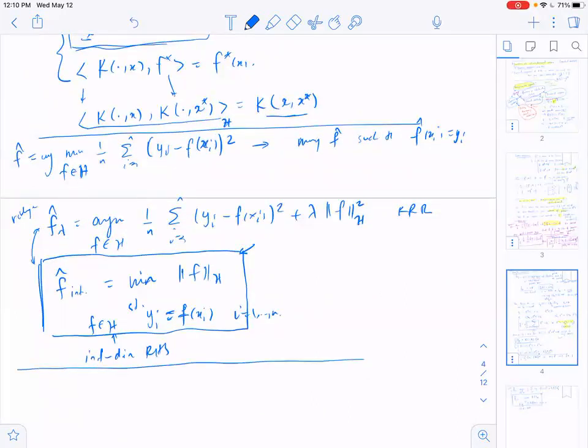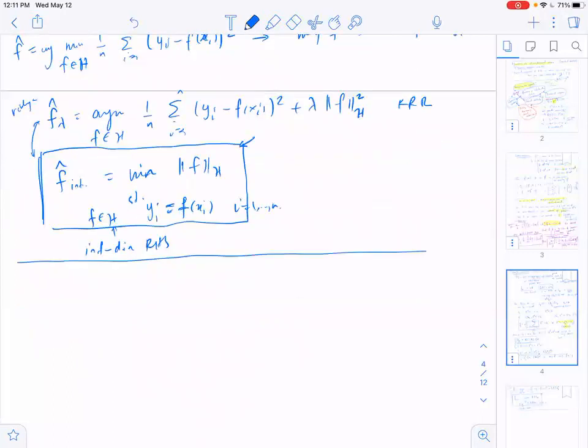So that's one class of functions that you can analyze. For example, let me just give you a very quick example here. There are these Sobolev spaces, Sobolev space of order 1.